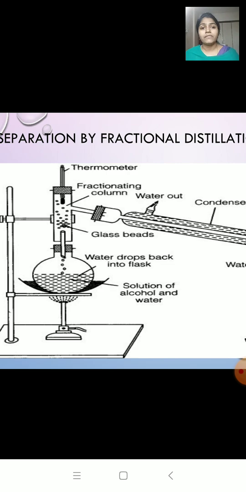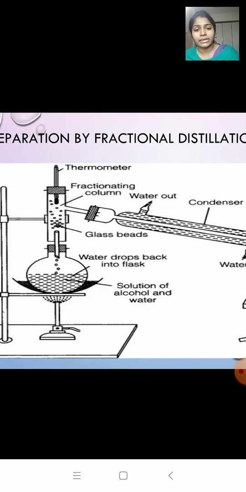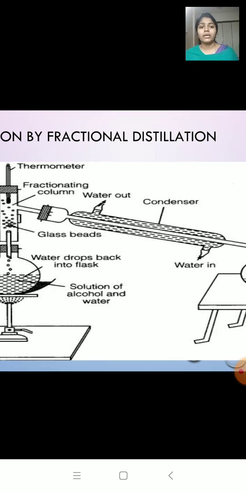So when the vapor reaches the top part of the fractionating column, it will pass through the condenser. In the condenser we have this water jacket containing water. That water will cool the hot vapors and the vapors will condense. It means it will turn into liquid, and that liquid can be collected.